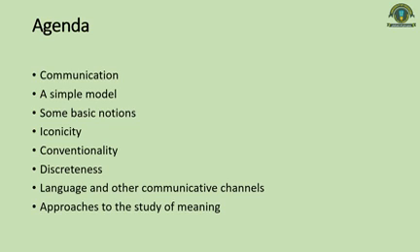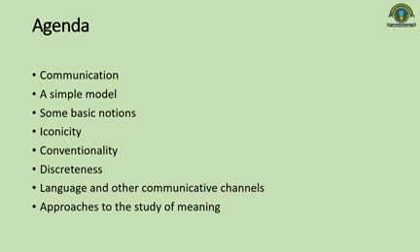Then we will discuss conventionality. The next one is discreteness. And after that, we will discuss language and other communicative channels. We will also discuss the characteristics of linguistic signs that includes simple and complex signs.